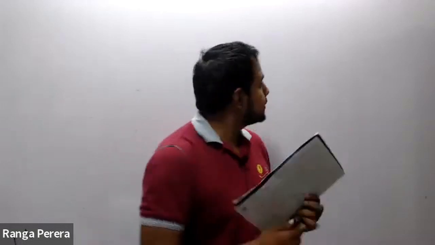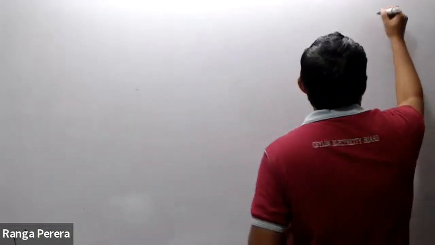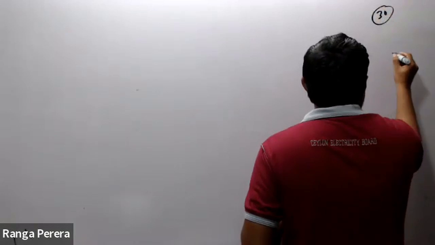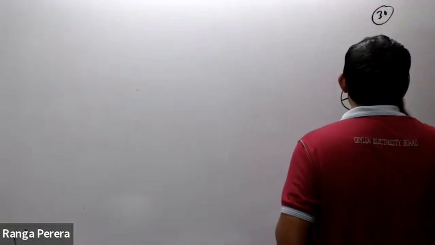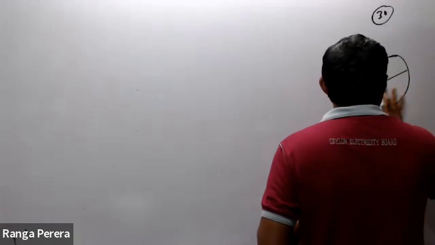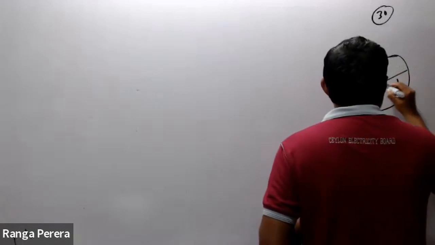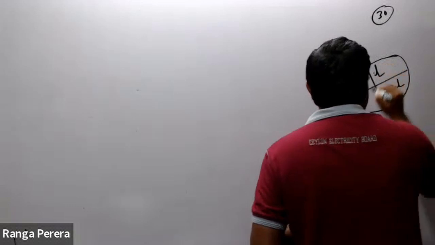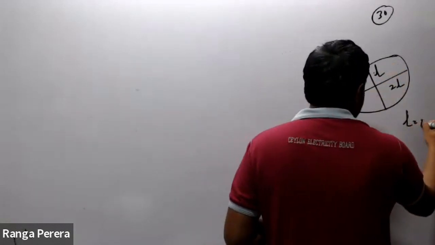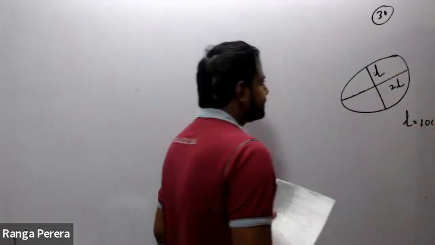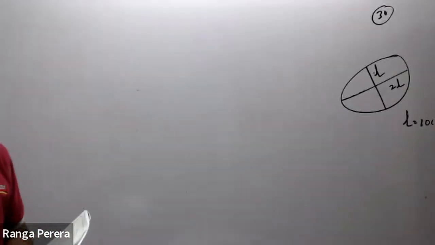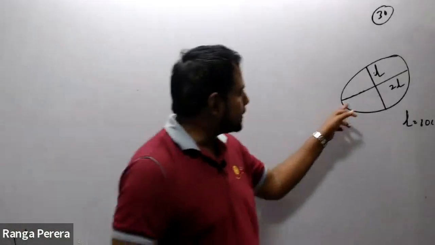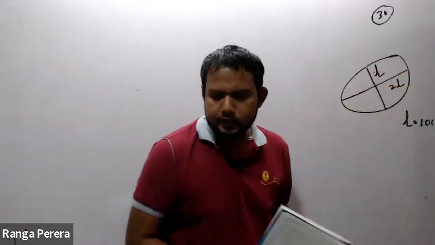We can mark the oval shape. It is 2L, and it is L. L is 10 centimeter. The length of that is 2L and the length of that is L. Think about the badminton racket.